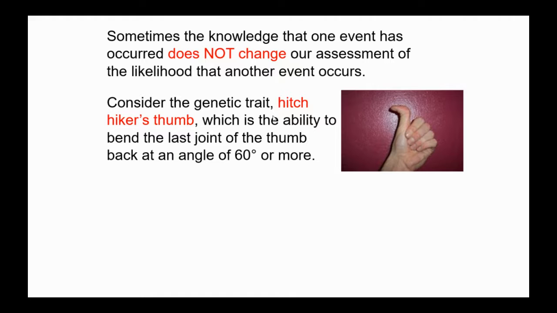So we're just talking about the hitchhiker's thumb gene. It's being able to bend your thumb back more than 60 degrees. I can do it on my left, but not on my right.